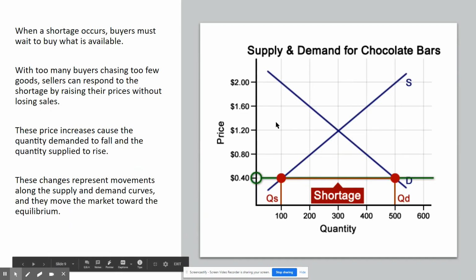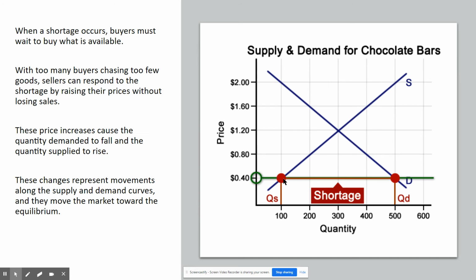Now notice, up here you had surplus. This is just the mirror of it. So down here, if it's below the equilibrium price, it's called a shortage. I could read this to you, but I don't think I need to. It's right there if you need to read it. The quantity supplied is 100. The quantity demanded is 500.